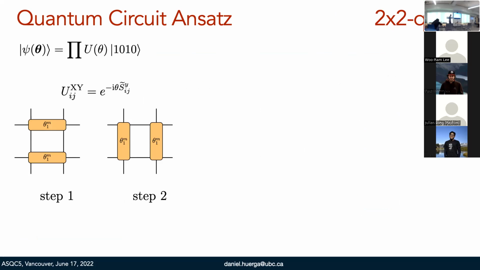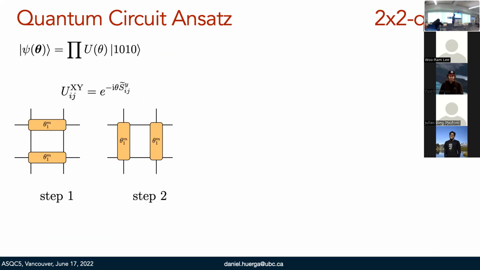So for 2x2, we construct the quantum circuit ansatz by trying to preserve as much as possible the C4 symmetry of the original lattice, so that we have a shallow circuit ansatz and always stay in the U(1) subspace.